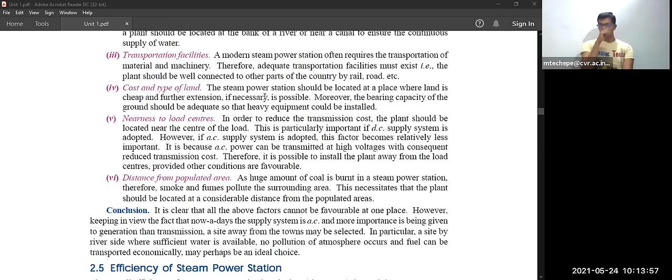If it is reducing, automatically it will reflect in your tariff, which might decrease.